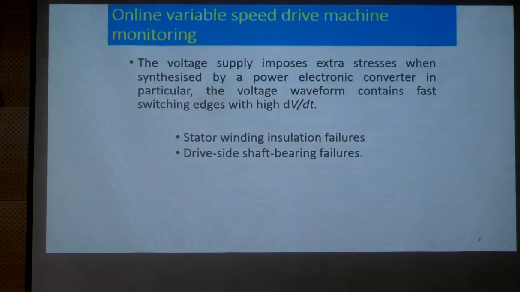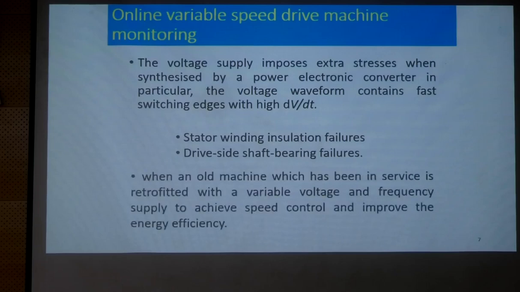You can see stator winding insulation failures, and drive side shaft bearing failures also will happen. Even an old machine in service, retrofitted with variable voltage and frequency for speed control and improved efficiency, may have been designed for normal AC sinusoidal conditions.